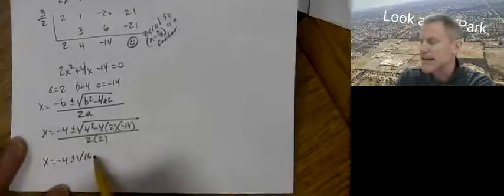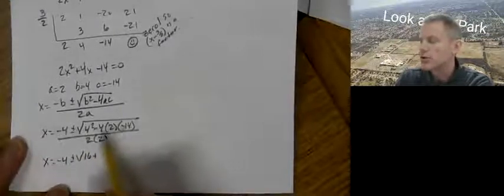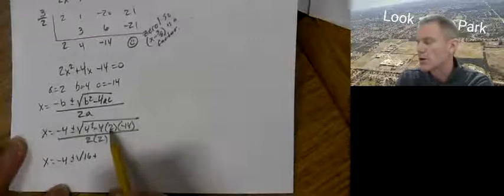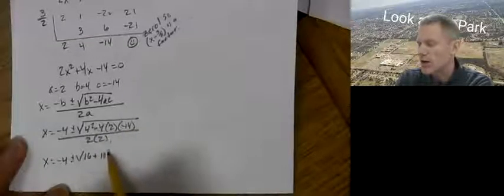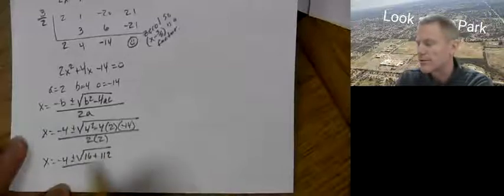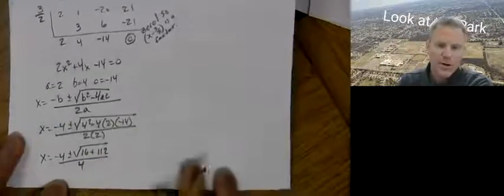That is 16 plus, because you have 2 negatives, we're going to get 28 times 4, which is 112, divided by 4.